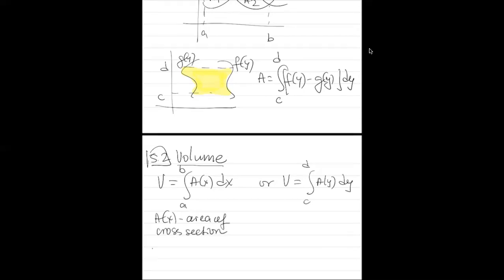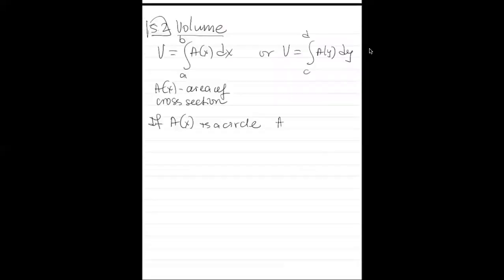Okay. So if the cross section is a circle, then we know the equation for a circle. Then A of x is equal to pi x squared, where x is the radius.